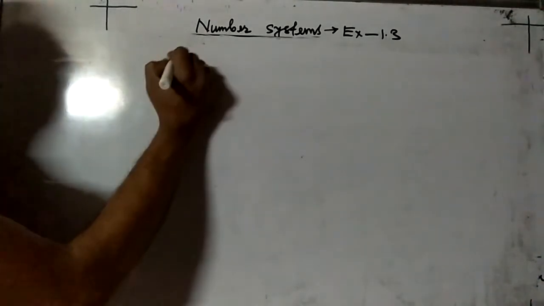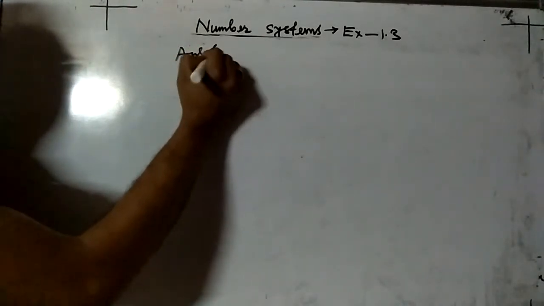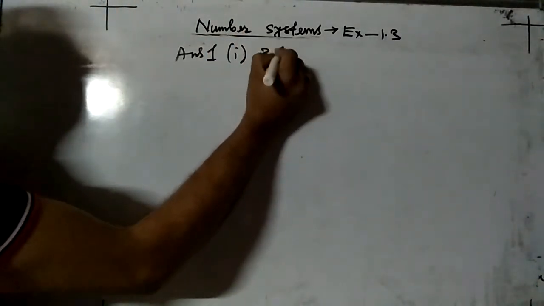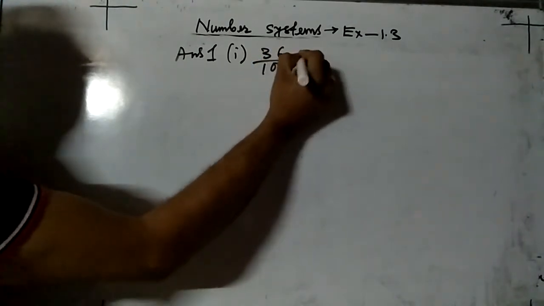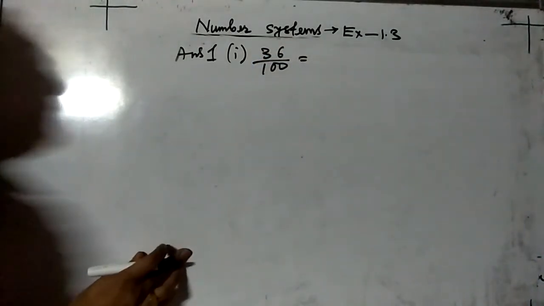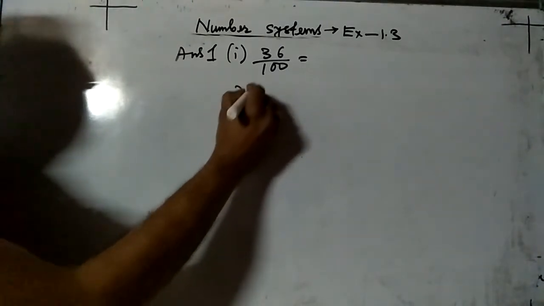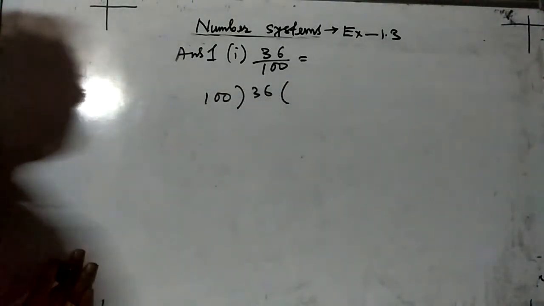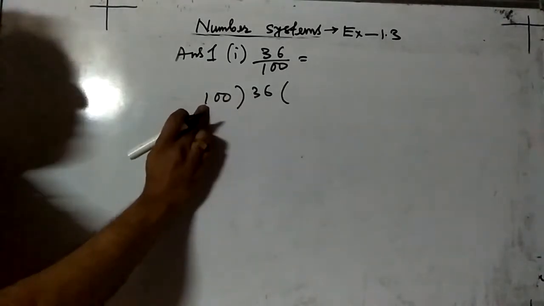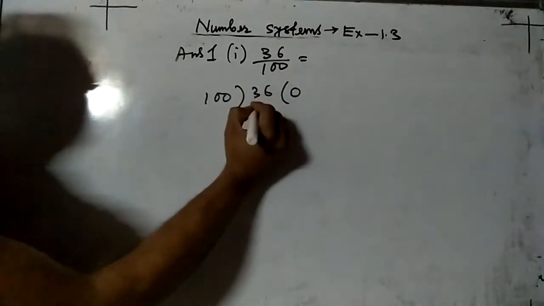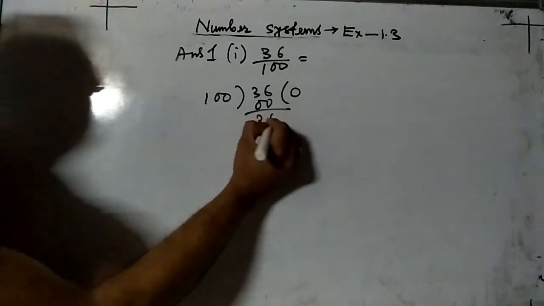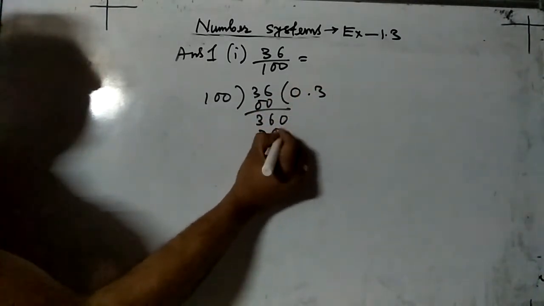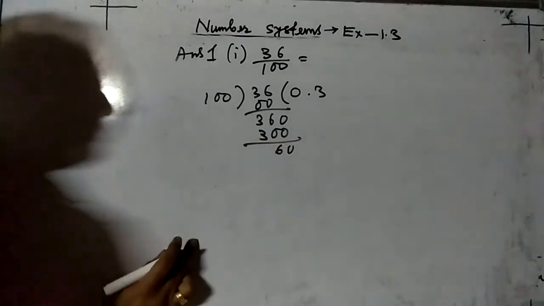First question. Answer 1. It is 36 by 100. Divide and express in decimal form. So divide 36 by 100. 36 is smaller than 100, so 0. Putting a point, 36 becomes 360 by taking 0. 100 3s are 300.